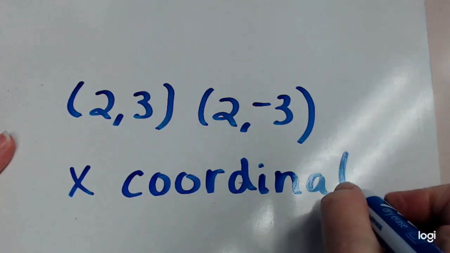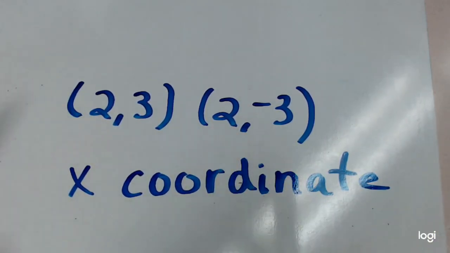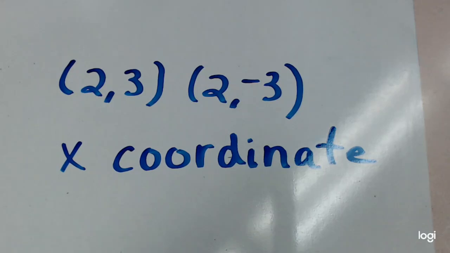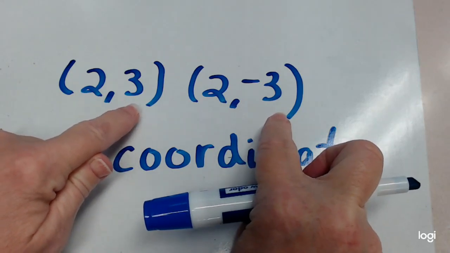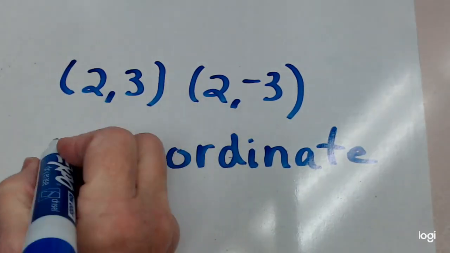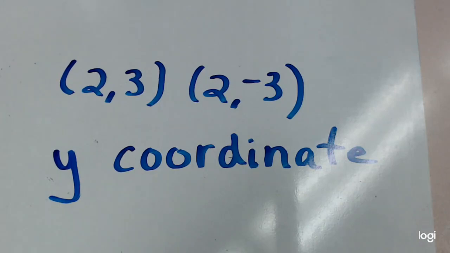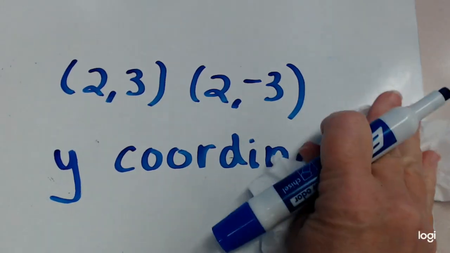So their x-coordinate is exactly the same. They're both positive 2. What do they have that's different? Well, what's different is the 3 and negative 3, and that is in what we would call the y-coordinate spot. Okay?